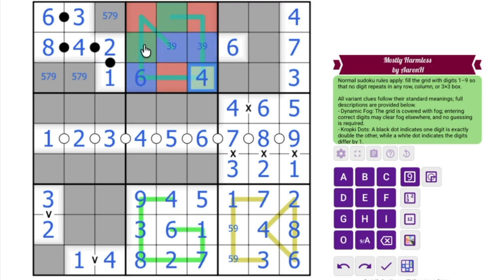That can't be a 4, so that's the only place to put a 4, which makes this the 1, 4, 7 set being green. 7 sees this cell, so it's a 1, and that is a 7. So the red set will be the 2, 5, 8 set. So 5's ruled out of both of those cells, so that is a 5. And we've got 2 and 8, so that is the 8 and that is the 2.